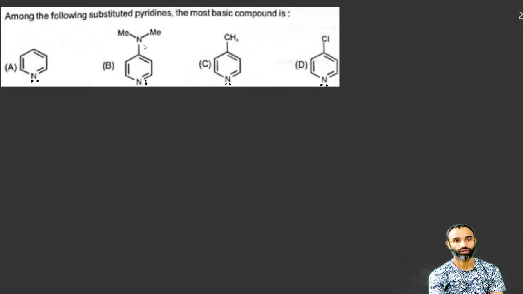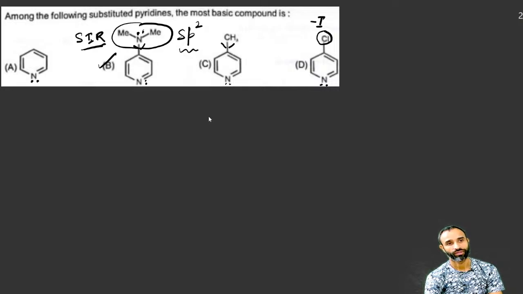So I think B should be the right option, because there is one more group which is sp3 hybridized, in between sp2 and sp3, but the lone pair is more available due to SIR.